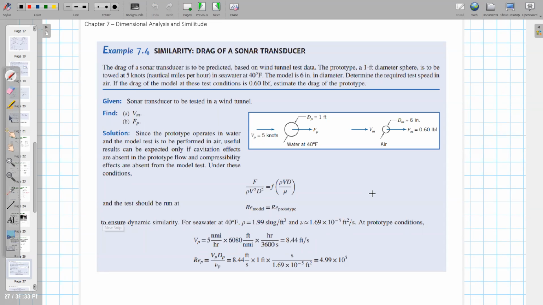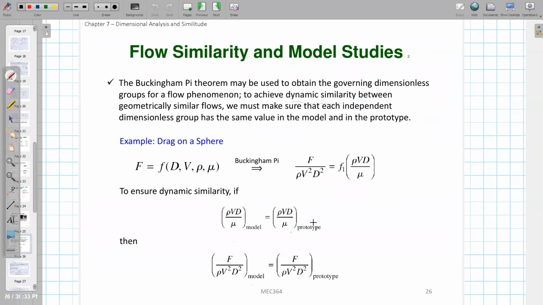You can use the result you get here to scale your prototype to a model size, so that you can achieve similar flows between your experimental measurement and the actual flow problems. All right, so this is another usage for this Buckingham theorem, and this is called the flow similarity.